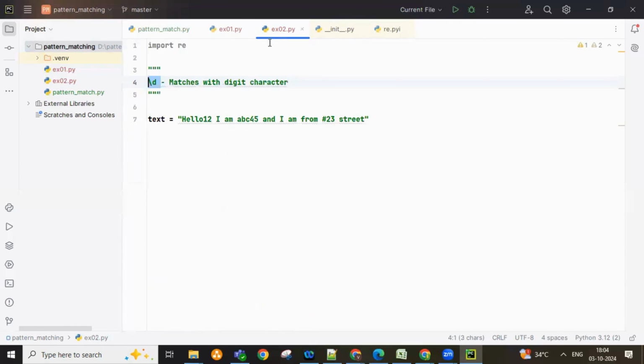In the same way, when it's a normal slash d, it matches any one digit character.